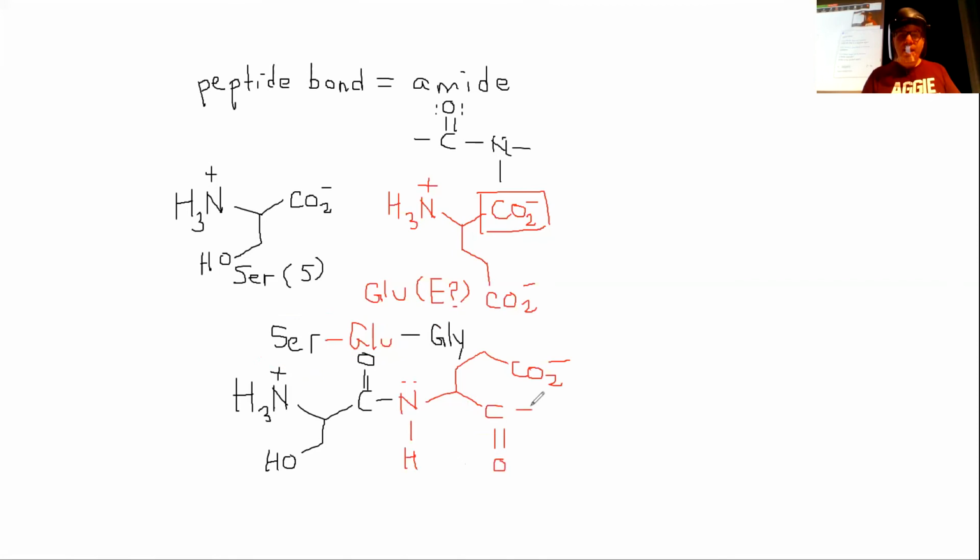And that's going to then go to the nitrogen of the next one. Kind of running out of room over here. And then CH2, because it's glycine, and then CO2 minus. And we could, if we wanted to, do the same thing again with the fourth one. If we wanted to put another amino acid over here, we could, but this would be an example of a tripeptide.